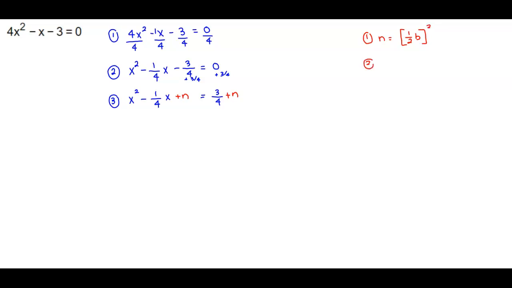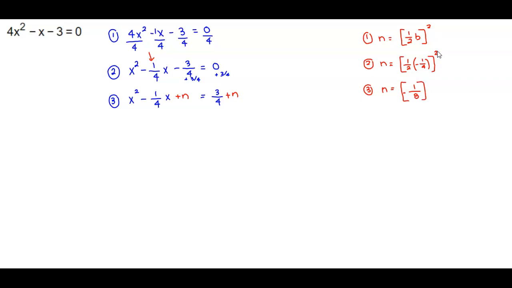Step number 2, okay, what do we know about the value of b? Well, in the problem, we can see that b ends up being negative 1/4. So therefore, this is going to be 1/2 times negative 1/4, and then we're going to square it. So now in step 3, we get n, which is equal to, now we need to multiply, so 1 times 1 is going to give us 1, and then it's going to be a negative because it's a positive times a negative, and then 2 times 4 is going to give us 8.